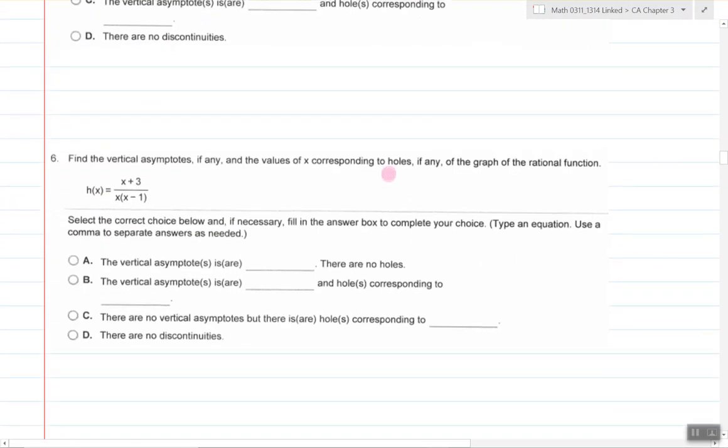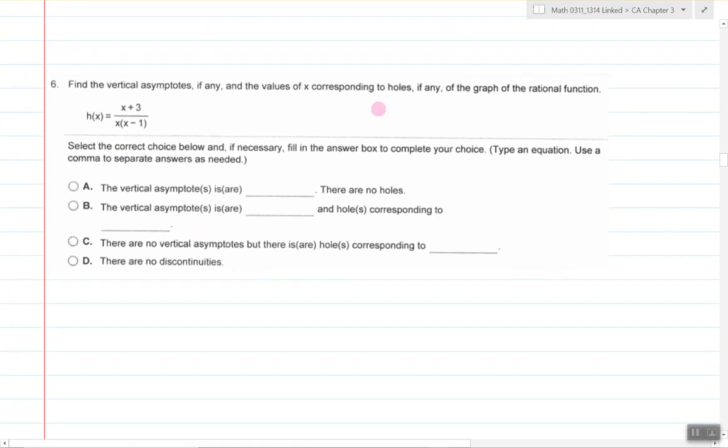All right. Number 6. We have a function here. The numerator, x plus 3, the denominator's in factored form, it doesn't reduce. The minute you see that it doesn't reduce, you know there are no holes. So now, what are the vertical asymptotes?